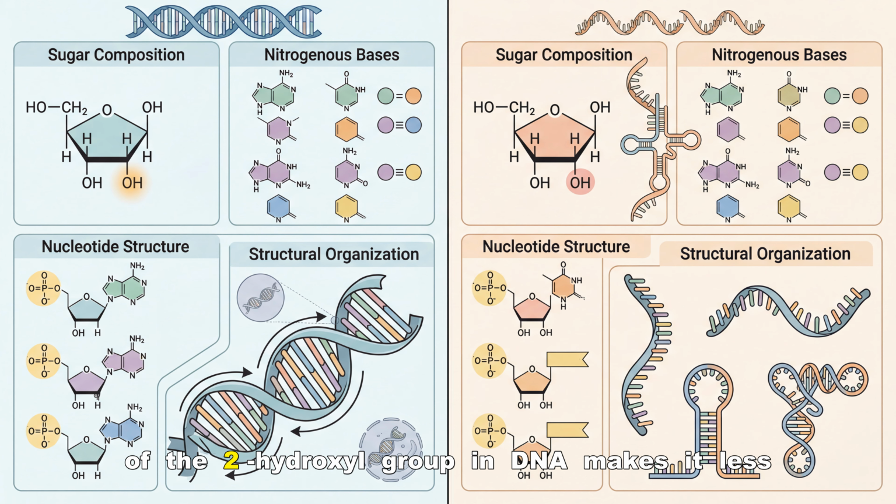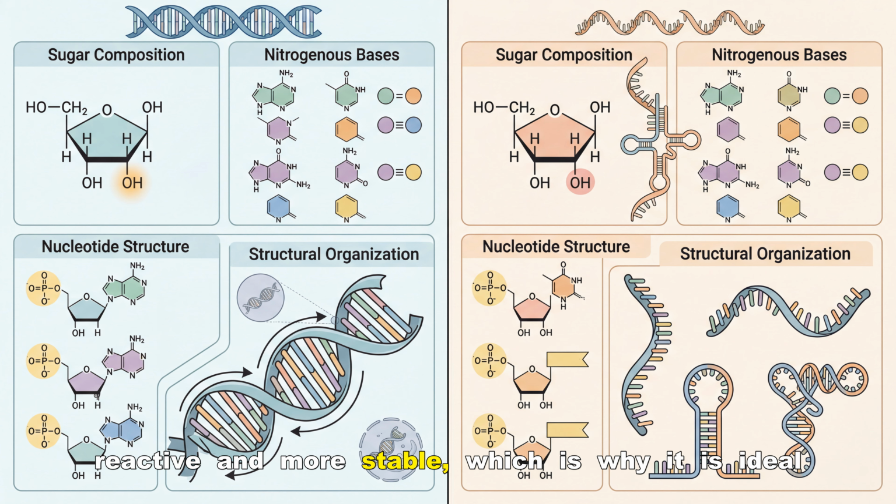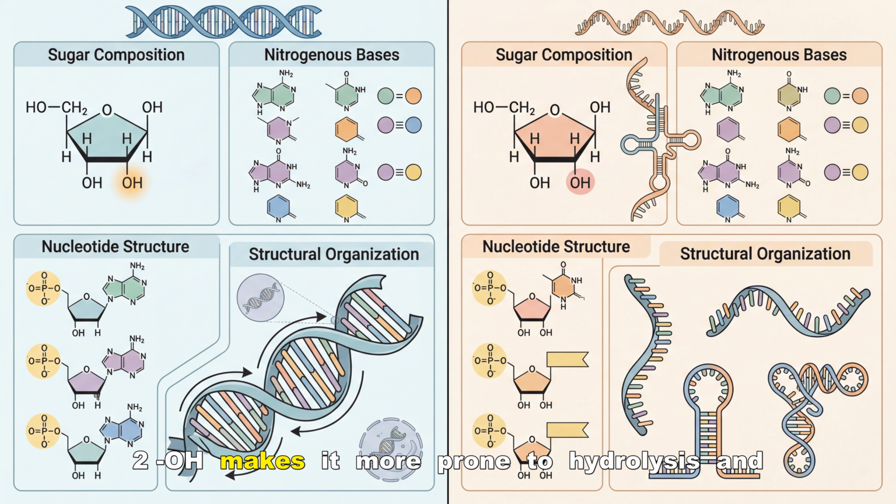The absence of the 2-hydroxyl group in DNA makes it less reactive and more stable, which is why it is ideal for long-term genetic storage, while RNA's 2-OH makes it more prone to hydrolysis and better suited for transient roles like messenger RNA, transfer RNA, and ribosomal RNA.